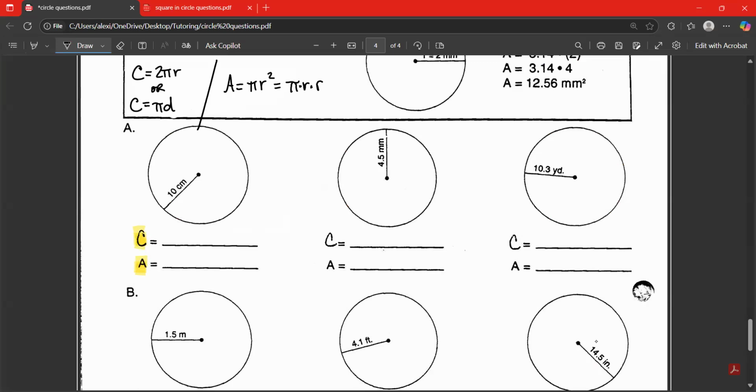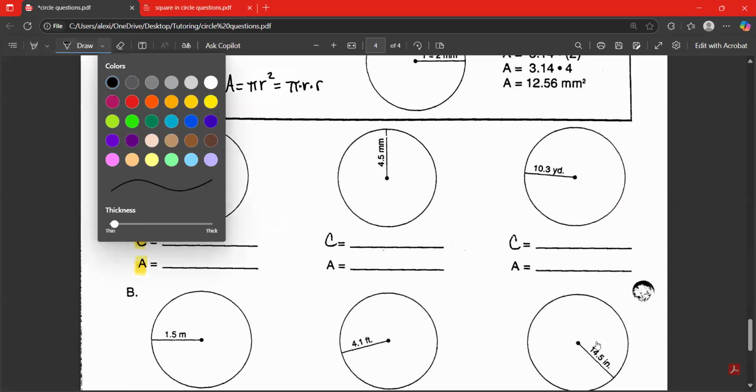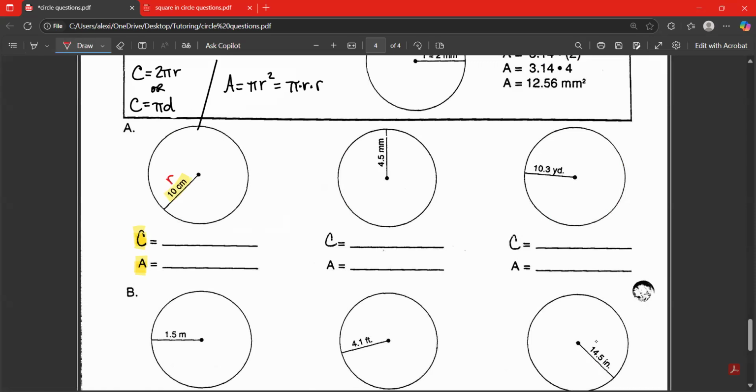All right, so we have circumference, and we got to get area. Now remember, this distance right here represents radius. So we know the radius is equal to 10 centimeters. And because we know the radius, we can find circumference and area automatically. The circumference is 2 times pi times 10, which is 20 pi centimeters.